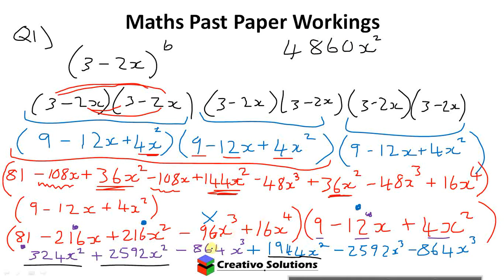Right, then we need to group all the other ones together, the x to the 3's. So negative 864 minus 2592 minus 864 gives me negative 4320 x to the 3.